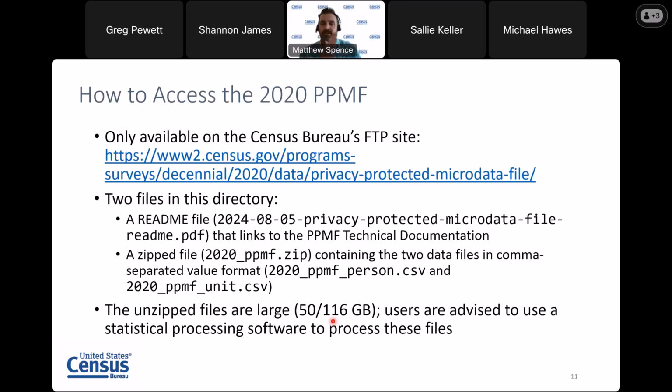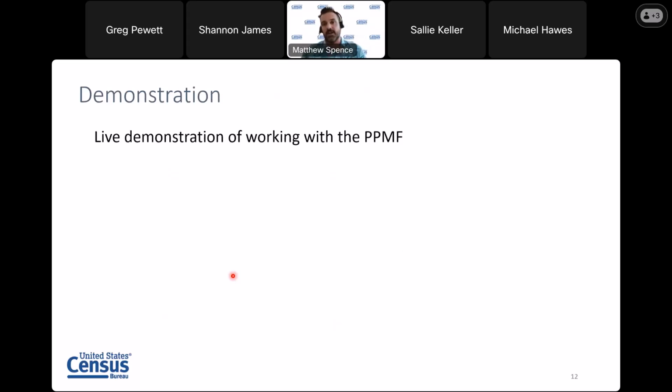There are various R and Python libraries that will allow you to subset the data as it's being read in, or process it in chunks and in batches, so that it all fits in your computer's memory. We're doing some research on how we can make it more user-friendly, but at this point, this is what we have.